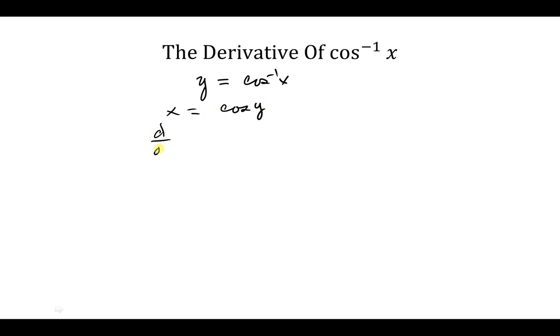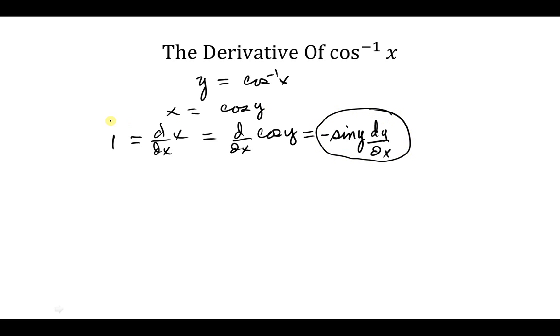Now doing implicit differentiation, d/dx of x equals d/dx of cosine of y. d/dx of cosine of y is equal to minus sine of y dy/dx. And of course on the left hand side, d/dx of x is equal to 1. And now we can solve for dy/dx to be minus 1 over sine of y.